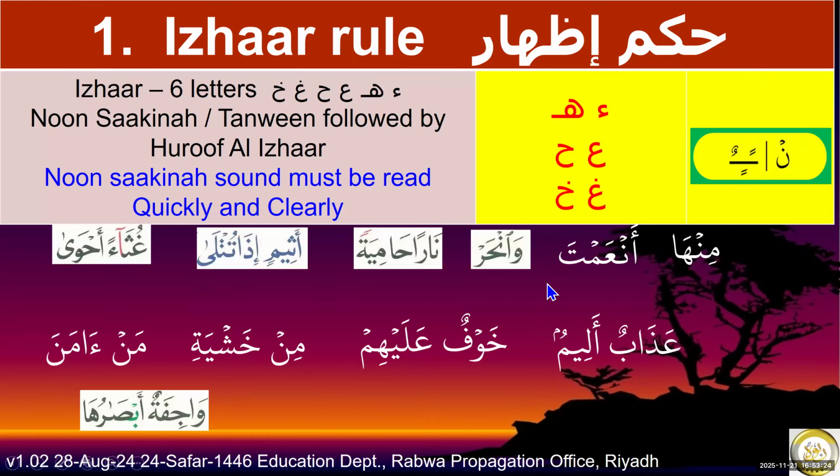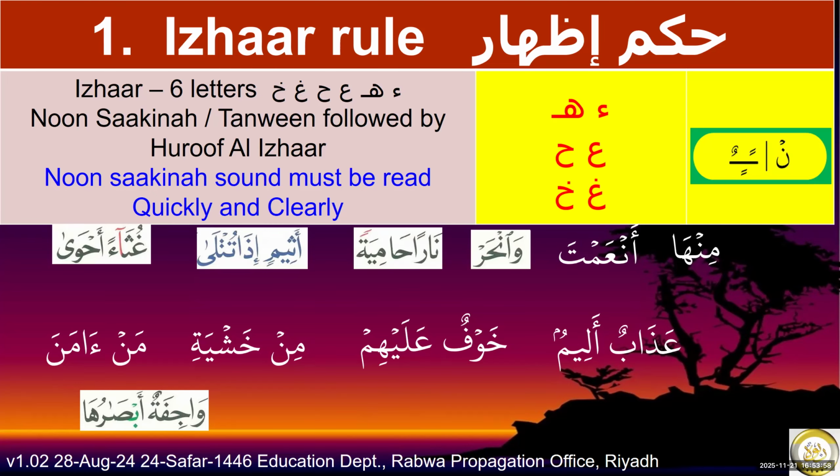If you see more examples here: minha, an'amta, wanhar, naran hamiya, asimin iza tutla, ghusa'an ahwa, adhabun alim, khawfun alayhim, min khashiyati, min khashiya, man amana. All these are examples of izhar. So I hope it is clear to you.